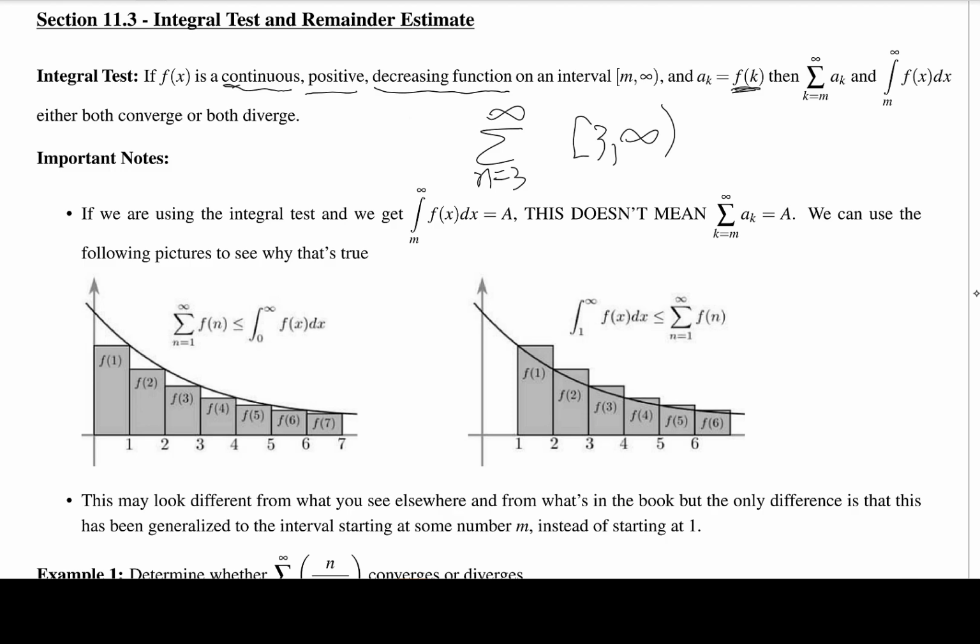Whatever my function is, I want to make sure that it's continuous on this interval, all of my values are positive, and that it's strictly decreasing. If we have something like that, then this sum and this integral either both converge or both diverge. Okay? And this is what's known as the integral test.